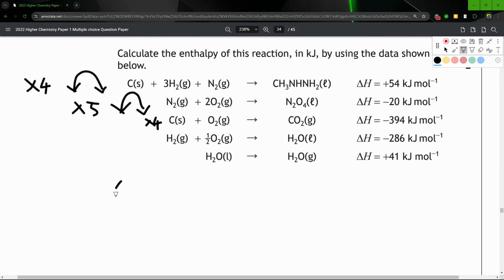So I need to flip these two. So we're going to have CH3NHNH2. I won't bother writing state symbols because the only state symbol we need to worry about is water.